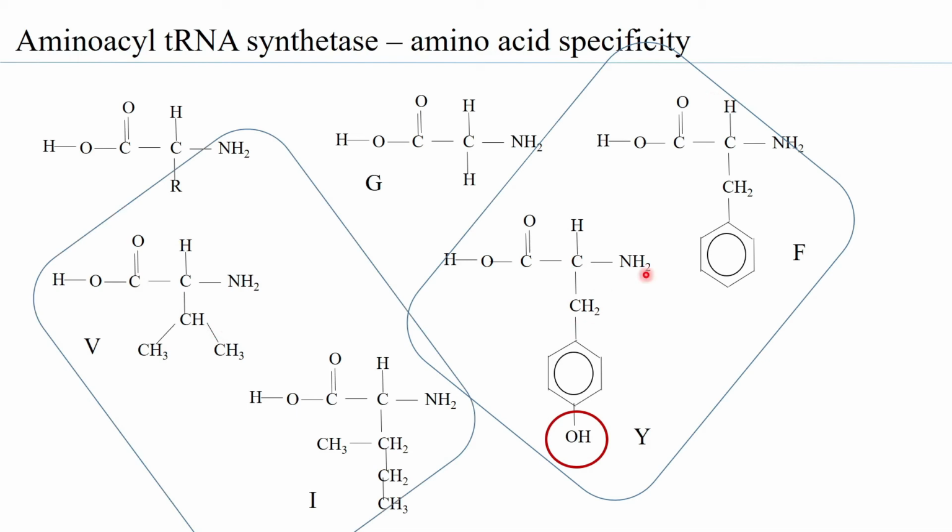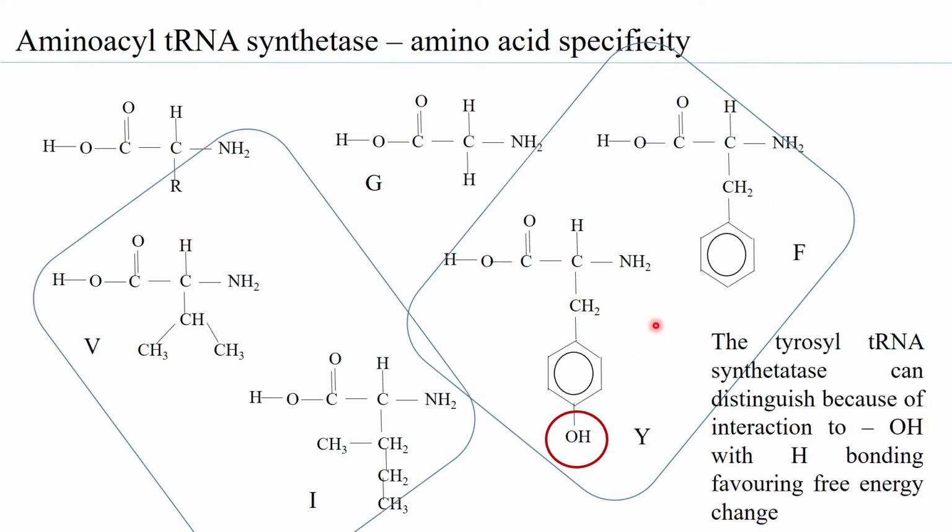Now let's consider, for example, the tyrosyl tRNA synthetase. The tyrosyl tRNA synthetase can very clearly distinguish between the phenylalanine and the tyrosine because of the presence of this OH group. The OH group in the tyrosine is able to make specific hydrogen bonding with amino acids in the active site that is going to favor the free energy change.